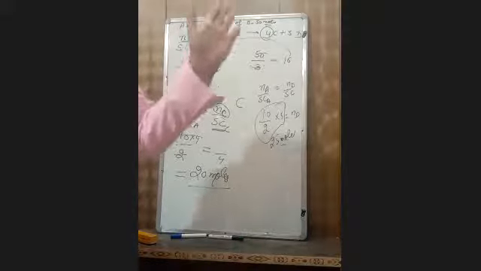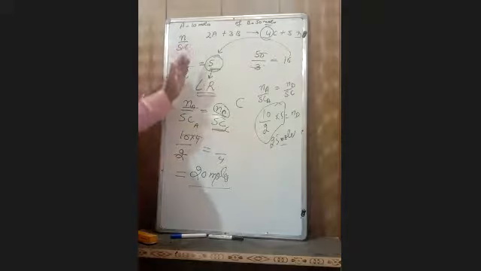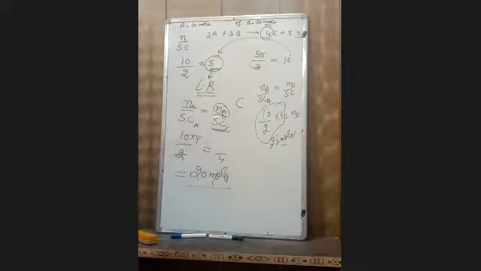Next, we have taken one example. In that example, first always check whether it is the problem of limiting reagent or not. How can you check? We will check by taking the stoichiometric coefficients of different reactants over number of moles. If this ratio comes out to be equal, then it is not the problem of limiting reagent.